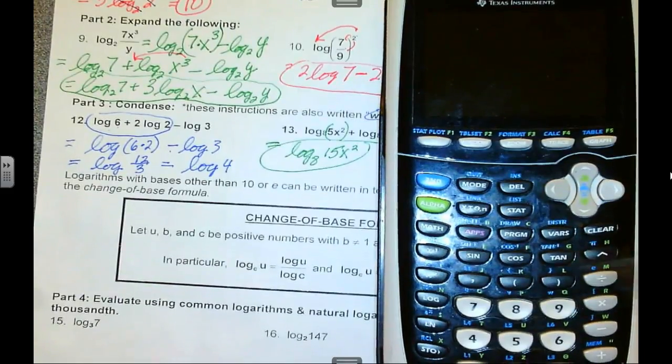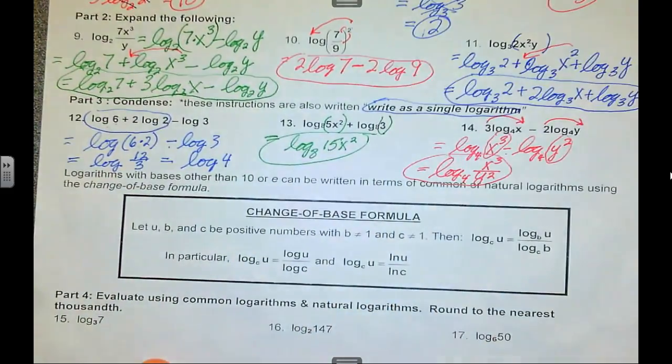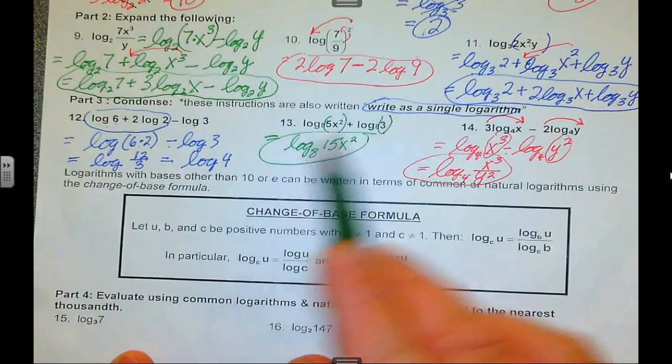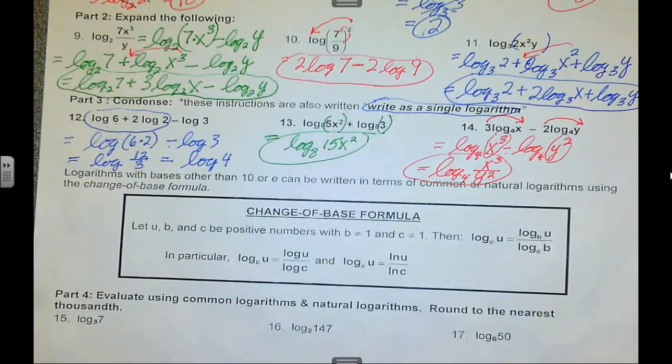It's the common log, or the natural log. The change of base formula lets us put it in common log or natural log without changing the base to base 10.